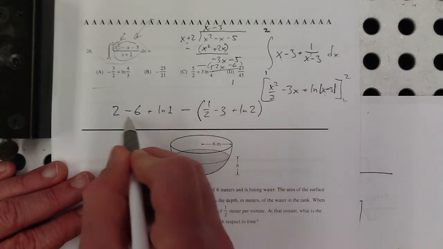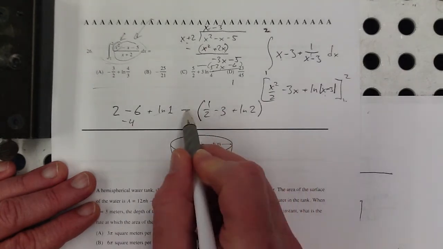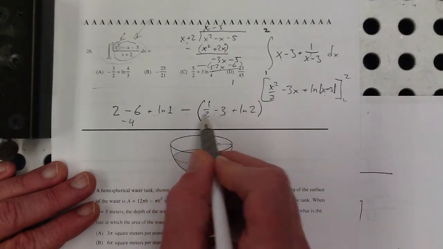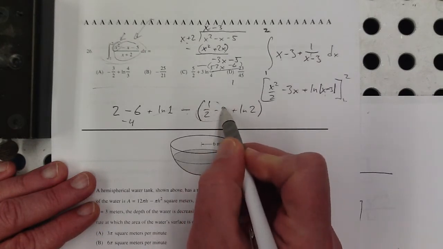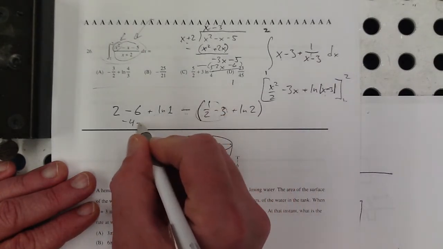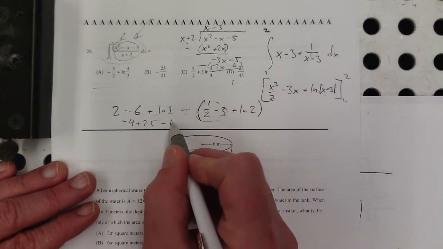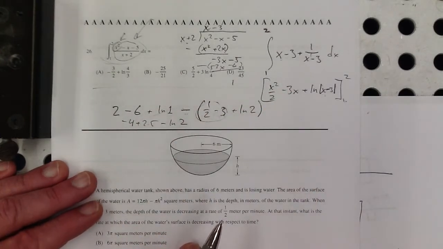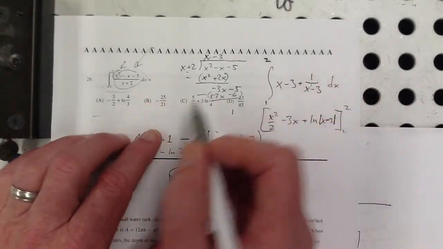That's 0, so negative 4 minus, that's plus 3 minus a half, confusing myself. That's negative 2.5 right here, but that's plus, do that, and then minus natural log 2. Yeah, that's not anything like this. Okay, let's back up for a sec, see if we can figure out what went wrong.